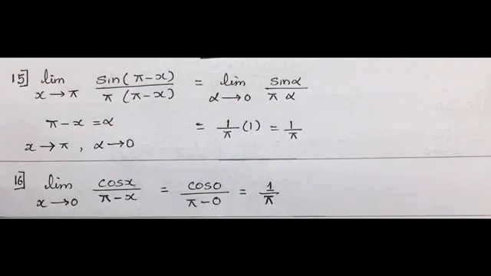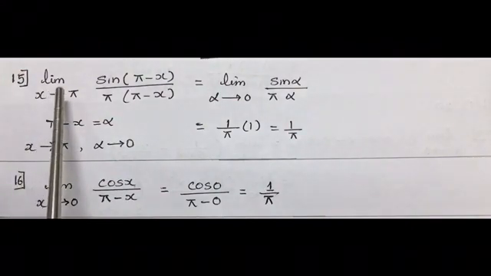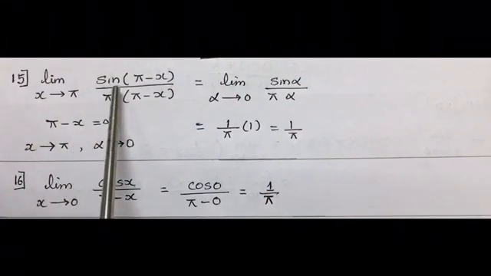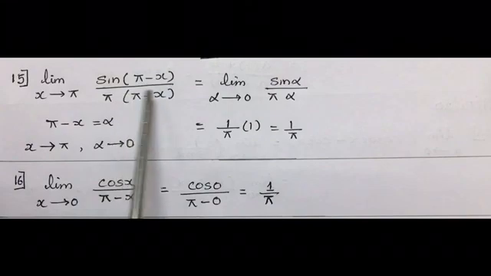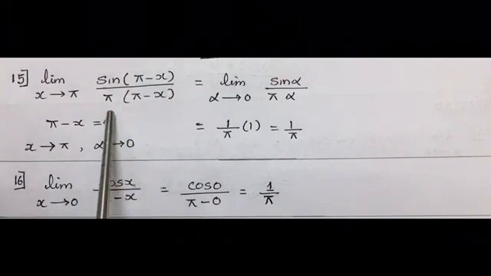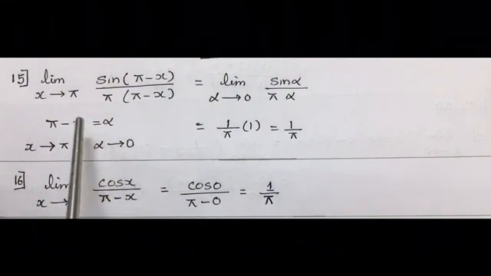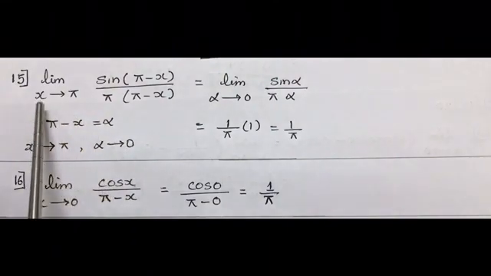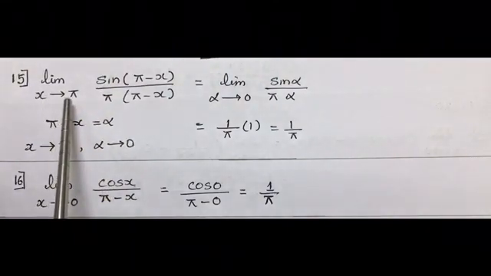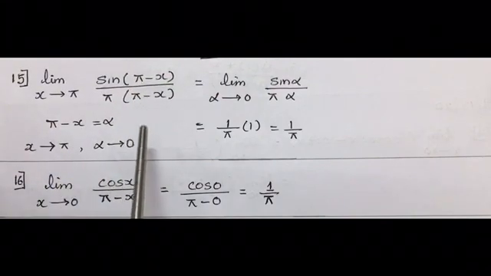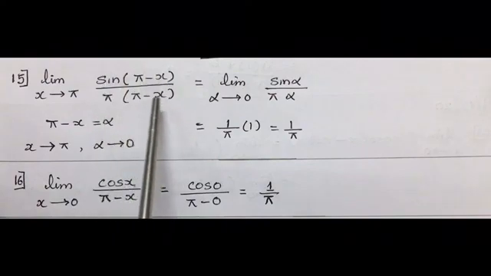Example number 15. Given here is limit x tends to pi, sin of pi minus x divided by pi into pi minus x. Now if we keep directly the value of x as pi, then it will become 0 upon 0, so we cannot keep it.